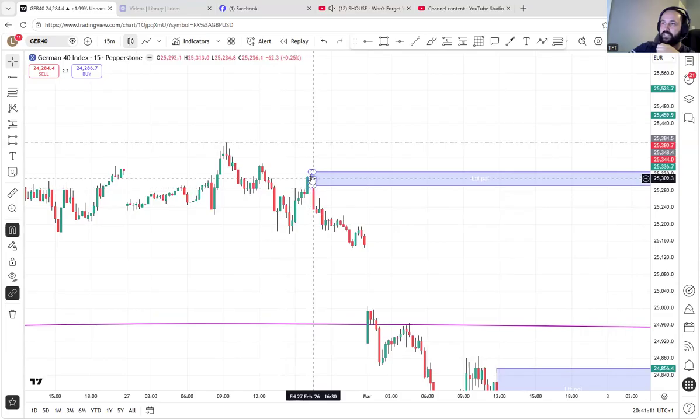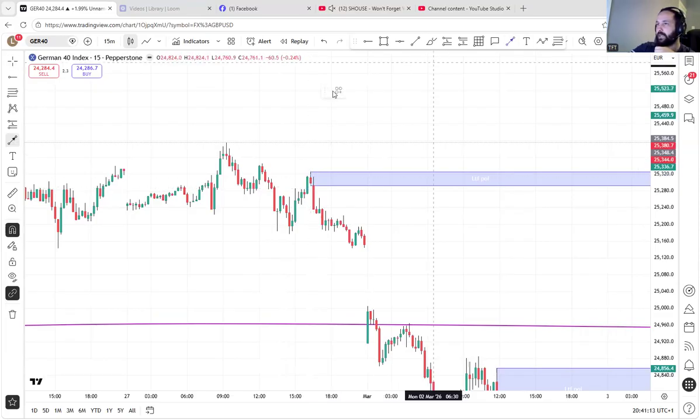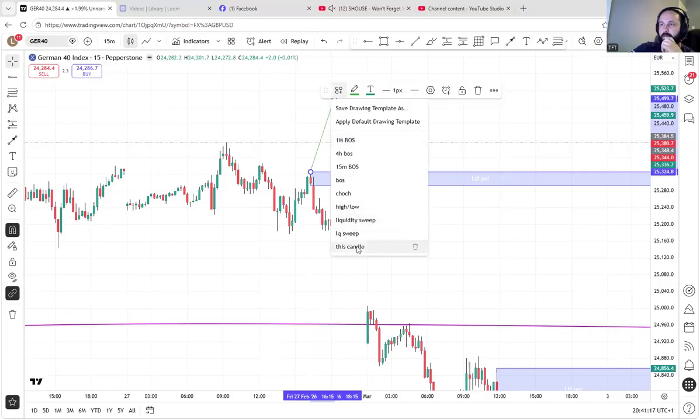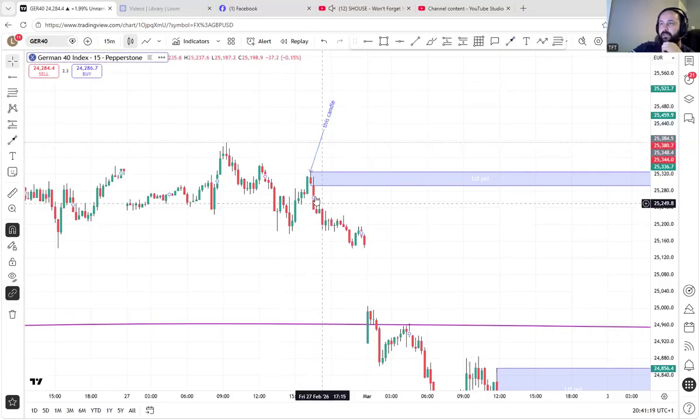This candle here, let me highlight it. That candle there, on this time frame, is the order block, and it's what causes this big down candle. It's basically just the one before the big push.